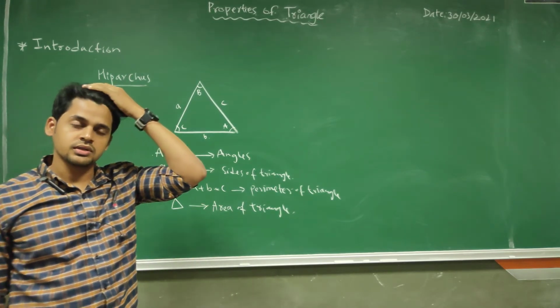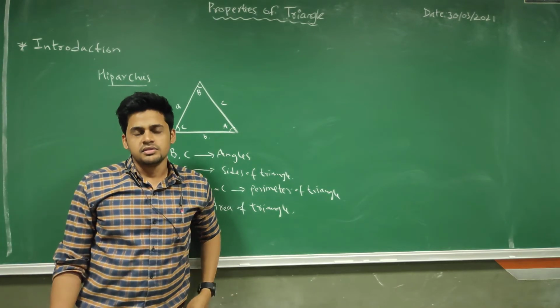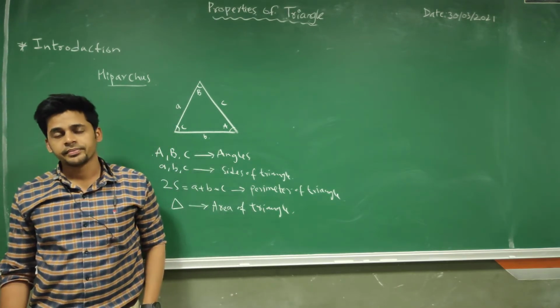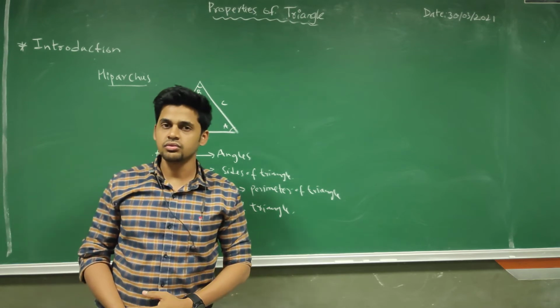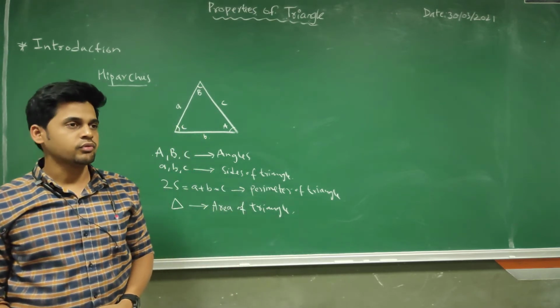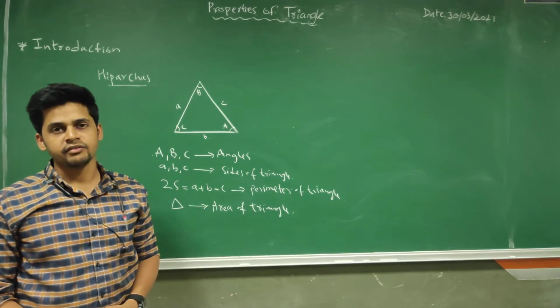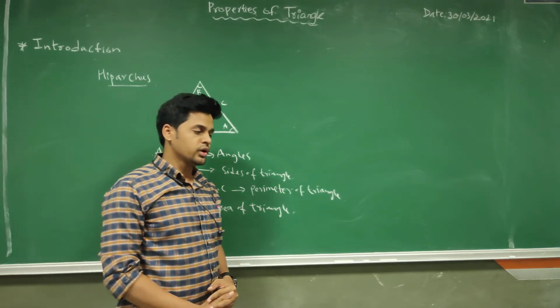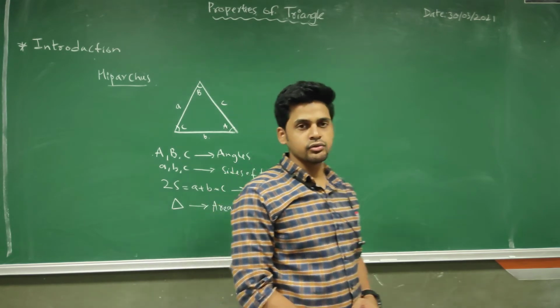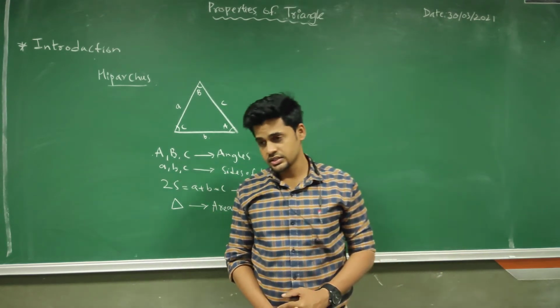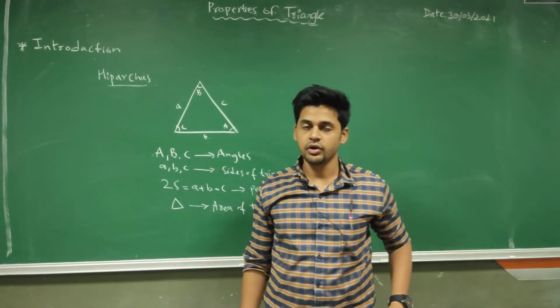The first rule is the sine rule. The second rule is the cosine rule. The third rule is the tangent rule, the fourth rule is the projection rule, and the fifth one is the half angle formula. We are going to learn these 5 rules in this chapter, in this class only.